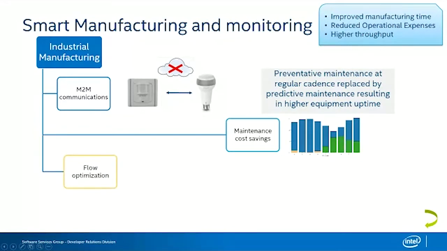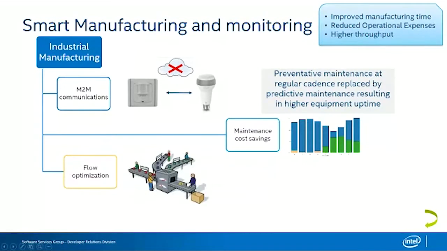So instead of having regular cadence preventive maintenance, such as every 2 months have somebody come in and take a look at the equipment, now you really are looking at predictive maintenance. So you want to get the equipment running for as long as possible. And if you need to reduce the output by, say, 20%, but you can get the equipment running for another 2 weeks, then that's perhaps a better decision to make.